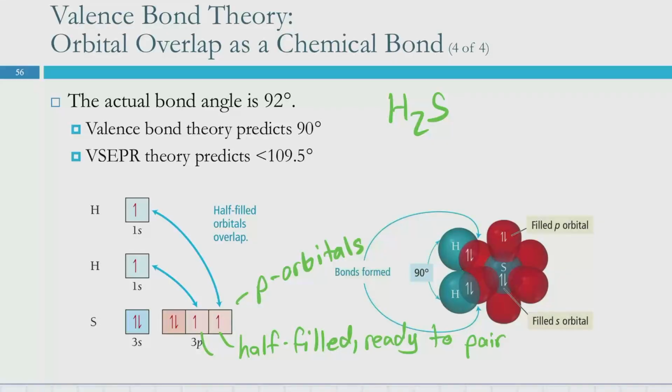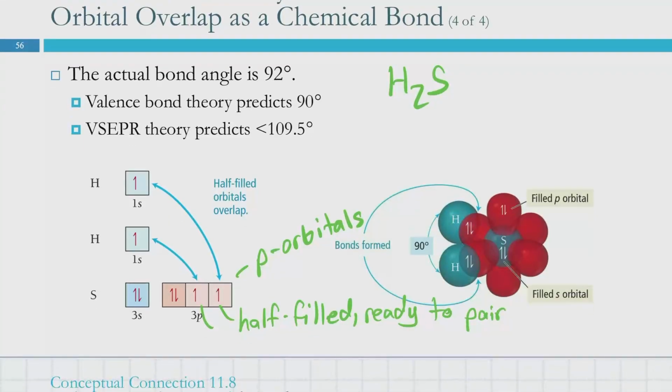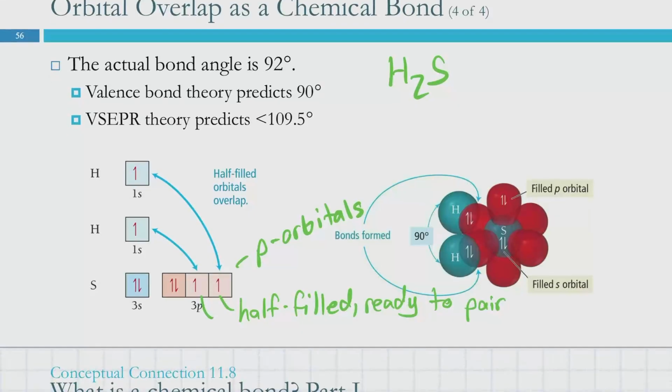And so those are at 90 degrees to each other, and so what we would expect, based on valence bond theory, is because these are 90 degrees from each other, one of the bonds is going to be sticking out directly to the right, one of the bonds is going to be sticking directly out towards us, would be one of the options. So we would expect it to be 90 degrees, hydrogens interacting with one of the p orbitals, this other hydrogen interacting with one of the other p orbitals. And that's pretty close to what we see in the actual 92-degree bond angle.